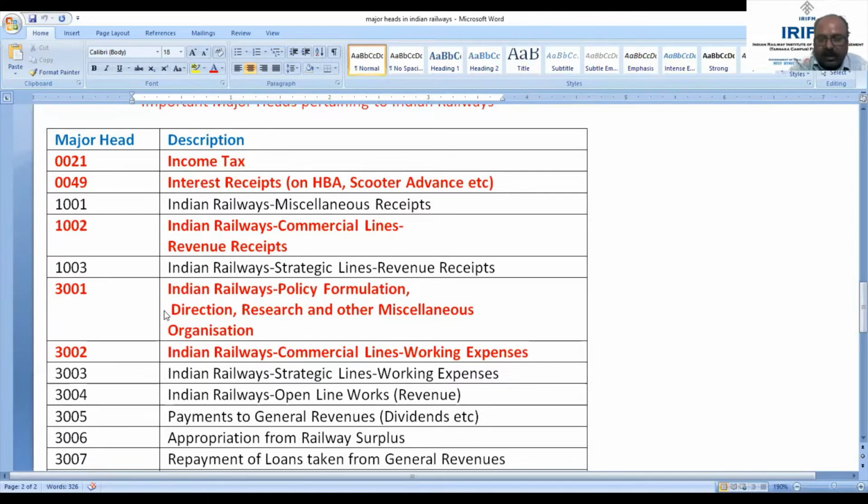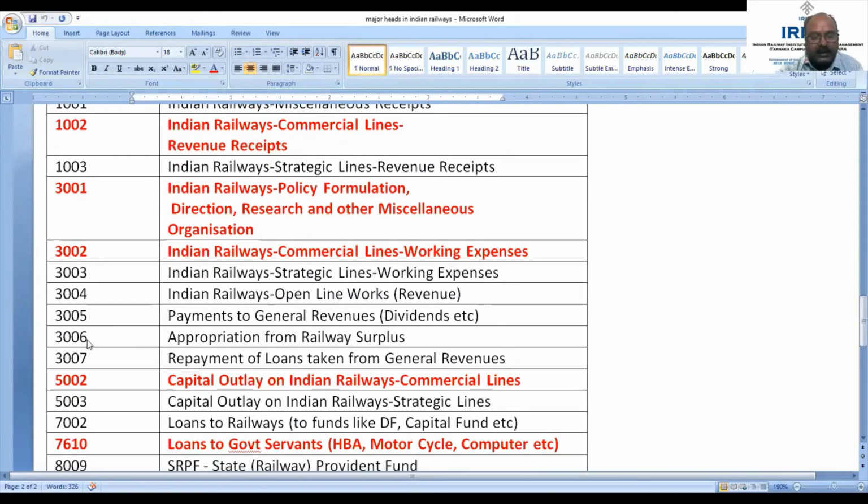And 1002 is the revenue receipts, 3002 is the revenue working expenses, commercial lines. And 1003 is the revenue receipts, strategic lines, 3003 is the strategic lines working expenses. Please check 1001, 1002, 1003, similar to 3001, 3002, 3003. For remembering, it is very easy.